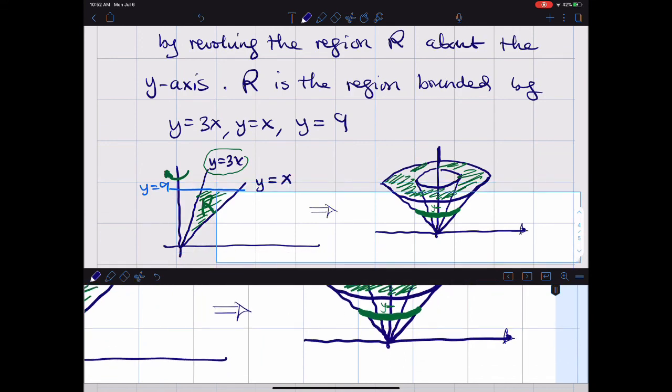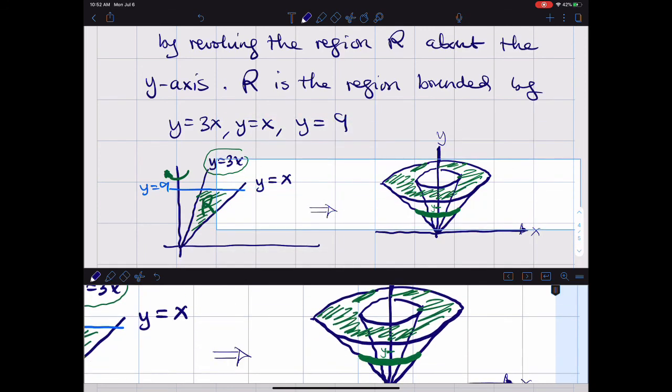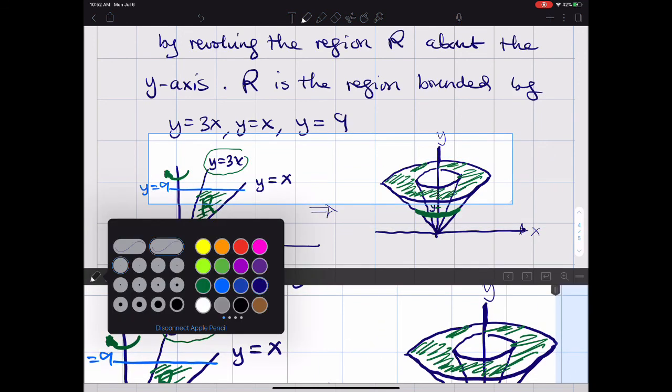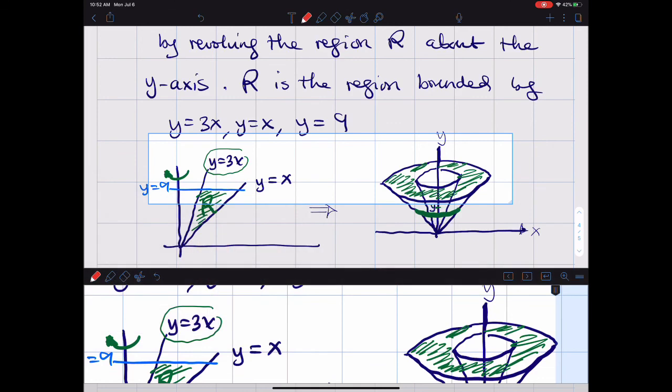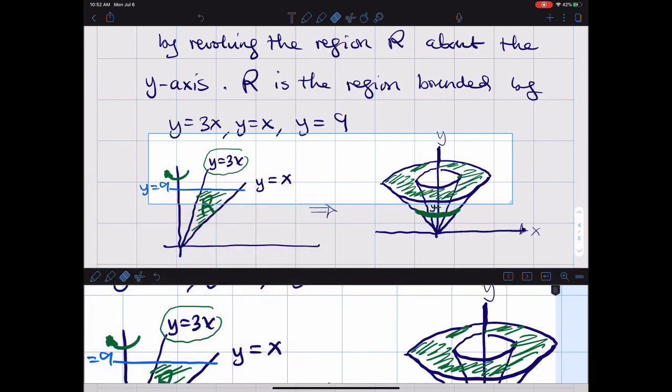So this is my x-axis, and that's my y-axis. So I'm taking this slice at y. I can say that this function is y equals 3x, or x is equal to 1/3 of y.